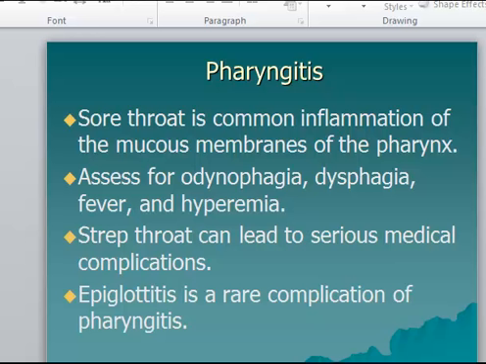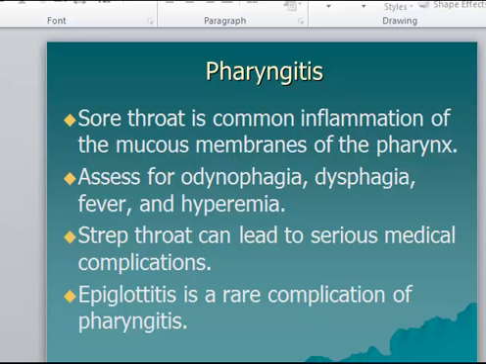The temperature in viral is usually low grade or no fever, whereas in bacterial we have a high temperature. In our throat manifestations, we'll have scant or no tonsillar exudate, slight redness of the pharynx and the tonsils.